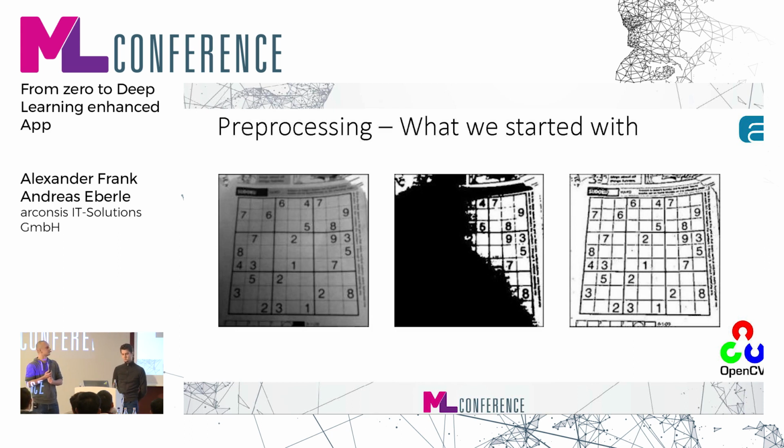But what you can see here in the middle, if you have a shadow or something like that across the image, it's starting to fail pretty fast. There are some techniques in CV where you can improve on that, so that you can still get a good enough image out of it.